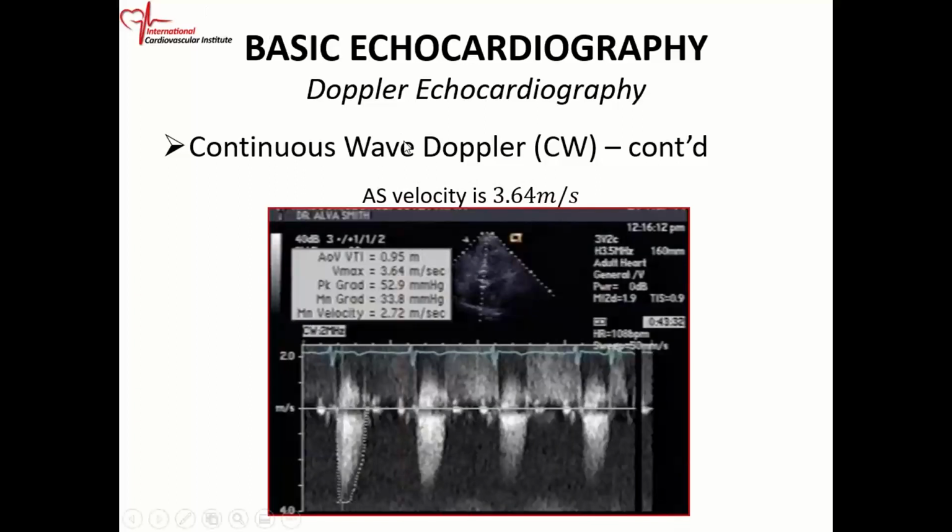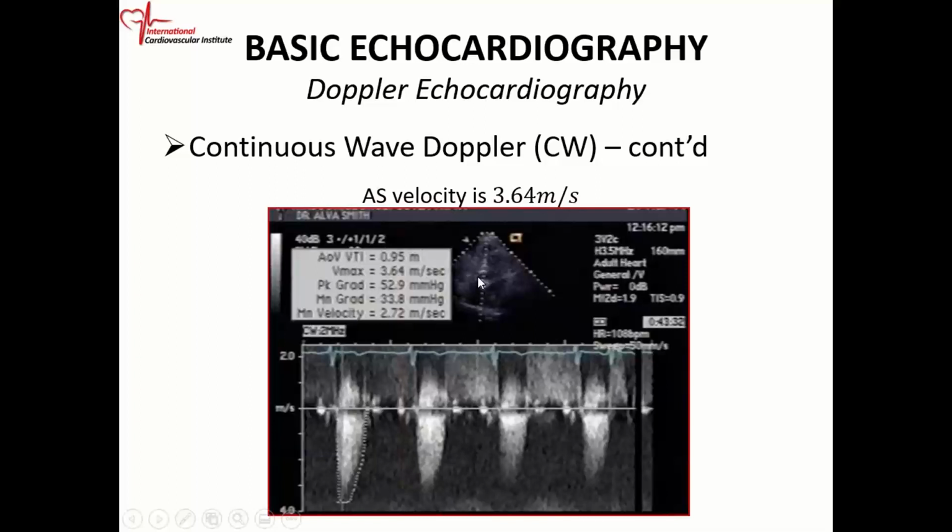Also, if you have a patient with aortic stenosis, this is an apical four-chamber view. The cursor is across the valve, and the sample volume is right at the valve.